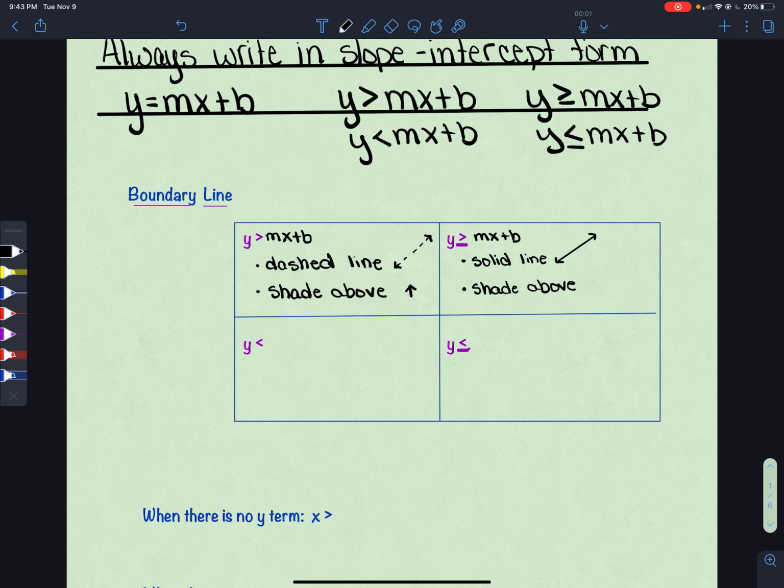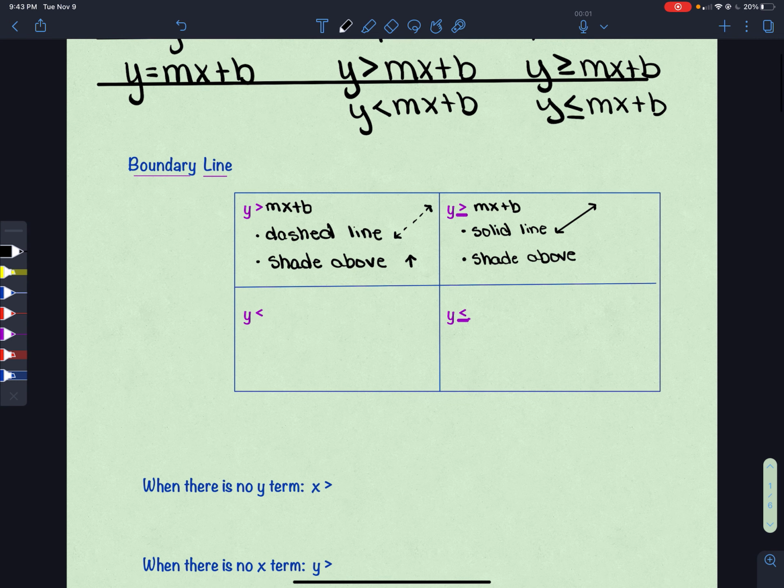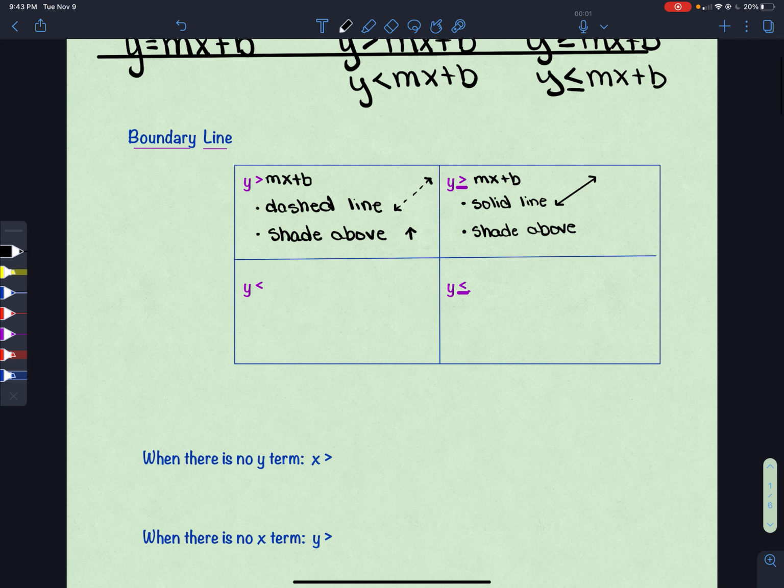Okay. All right, now the other one that we could have is y is less than our equation. When it is not equal to, it is still a dashed line. And in this case, since y is less than, we're going to shade below. Okay.